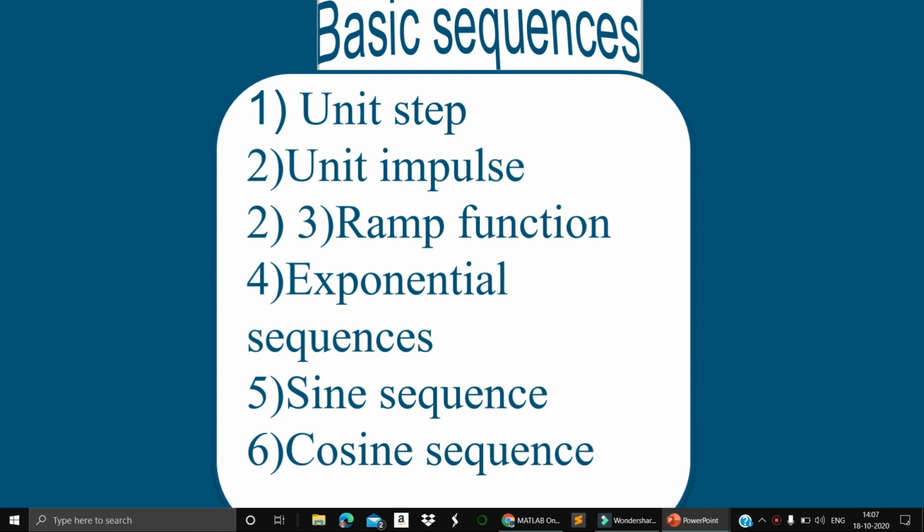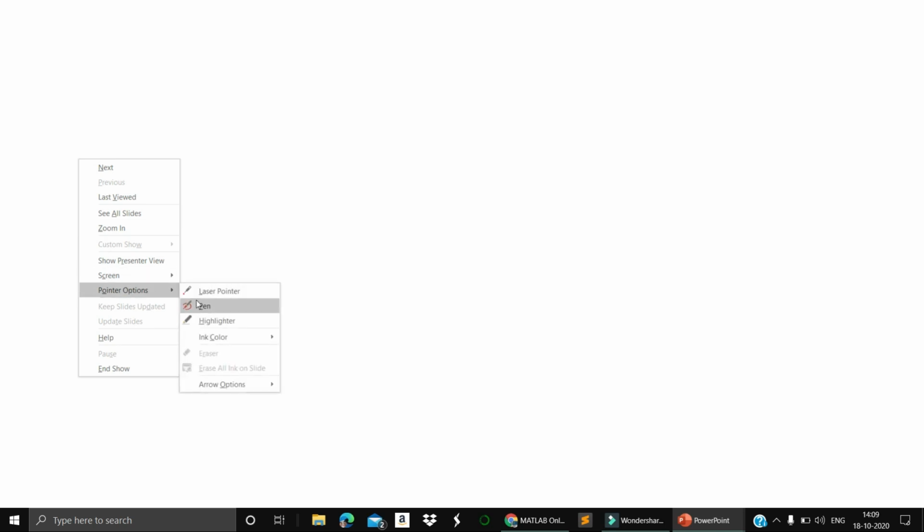So let's go to how it is going to be plotted using the unit step function with the help of axis and the amplitude we'll see here. So here you can see where we have the unit step function, right? We will denote the unit step function as u of t.